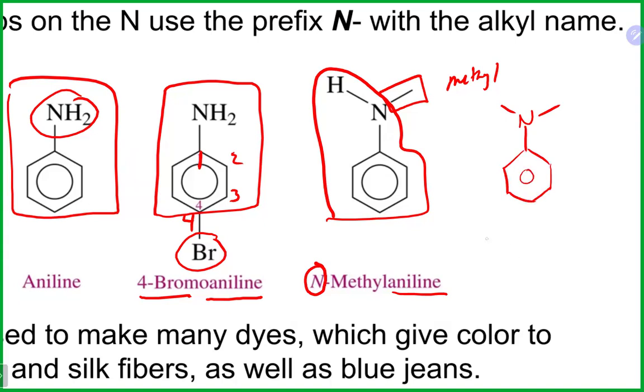Now, let's just say before we get to that guy, we had something like this. If we were just to look at this alkane and we were looking at our longest carbon chain, we'd have 1, 2, 3, 4, and 5.